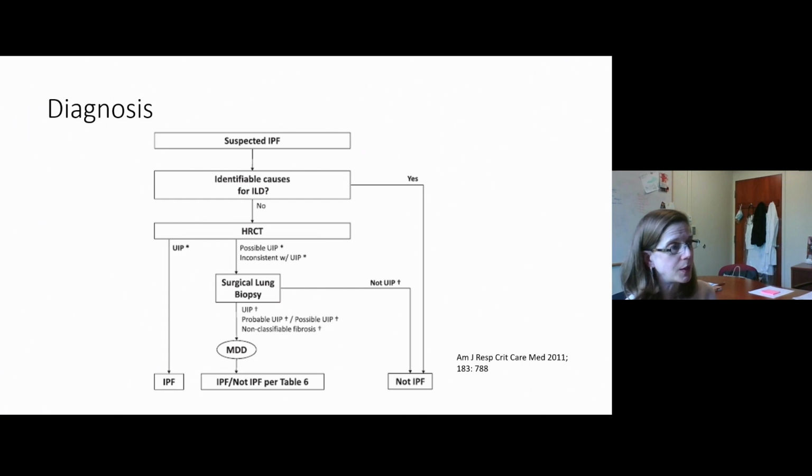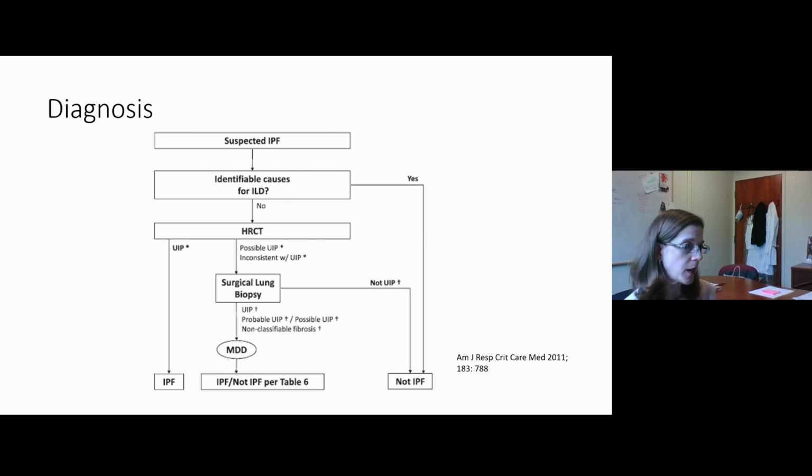If so, it is by definition not one of the idiopathic interstitial pneumonias. And then you would likely do more evaluation for that potential cause. For example, if you're worried about an autoimmune disease, you might do autoimmune serologies and have a rheumatologist evaluate the patient. And if you're able to diagnose the patient that way, you would spare them the surgery. And similarly for other non-IIP forms of disease.